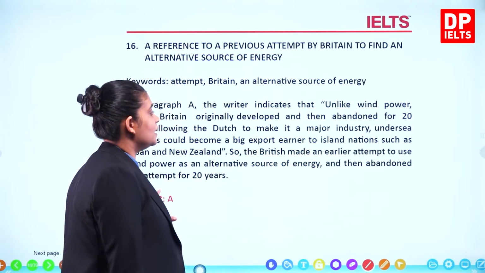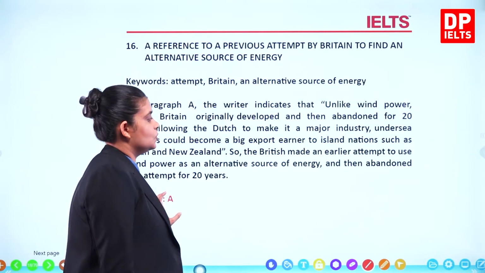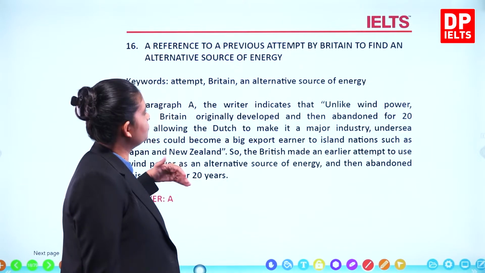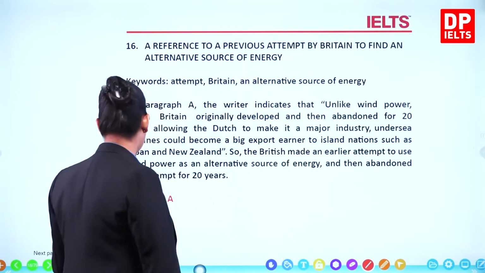So the British made an earlier attempt to use wind power as an alternative source of energy. Okay, so a reference to a previous attempt at an alternative source of energy is definitely in para A.